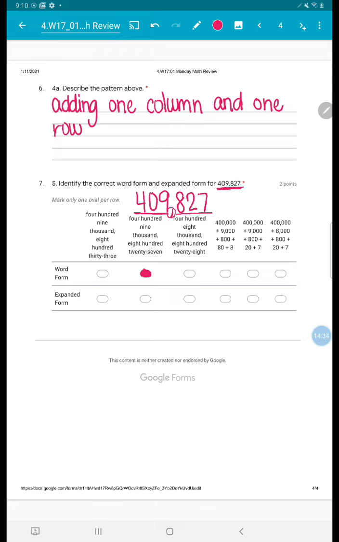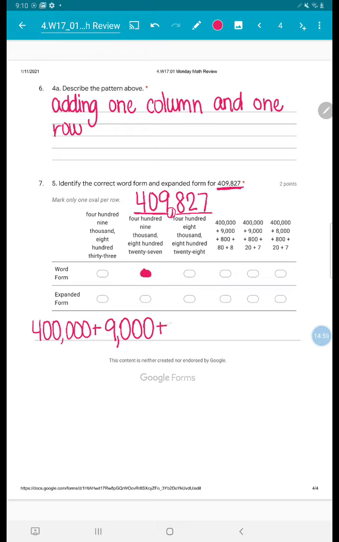Then whenever I put this number into expanded form, I'm going to write the value of each digit. So first I have a 4 in the 100,000s place value. So that'll be 400,000. Plus I don't have any 10,000s, so I don't have to write anything there. And then digit 9 is in the thousands place value. So I'll put plus 9,000.